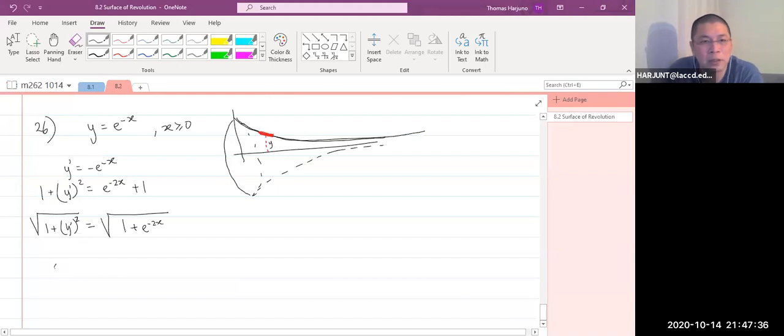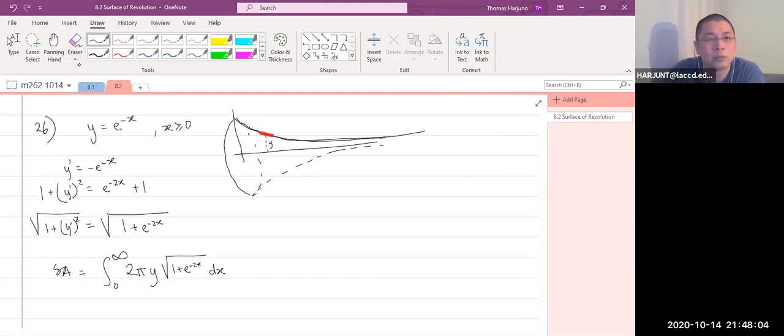Okay, and then the surface area will be the integral from 0 to infinity of 2 pi y square root of 1 plus e to the negative 2x dx. But I need to change my y right away, since it's a function of x.